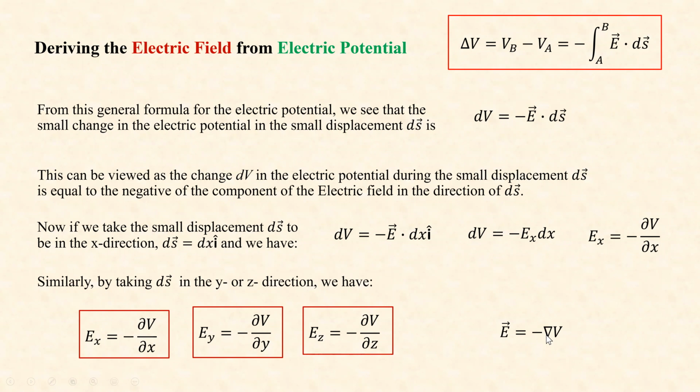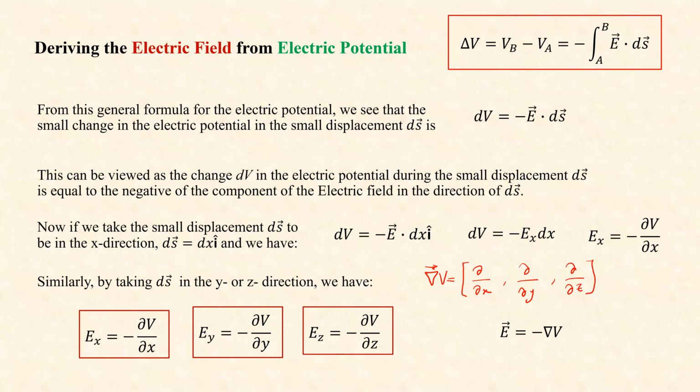This is with this del operator. Maybe I should elaborate on that. I don't know if you have heard about this gradient. There's a del operator, which has three components. Del over del x is the x component, del over del y is the y component, and del over del z is the z component. And this can operate on something.